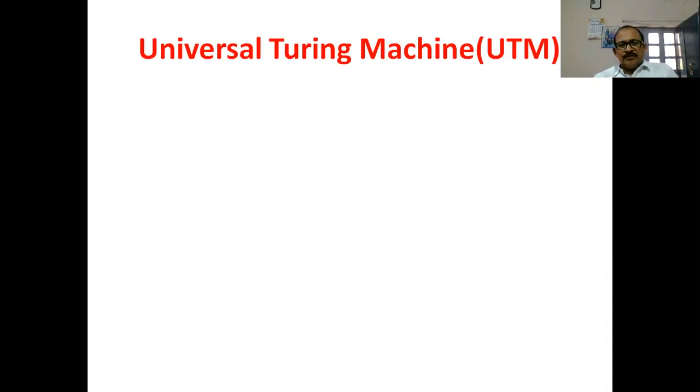Next topic is the universal Turing machine. You all know what a digital computer is. A digital computer is a general purpose machine.